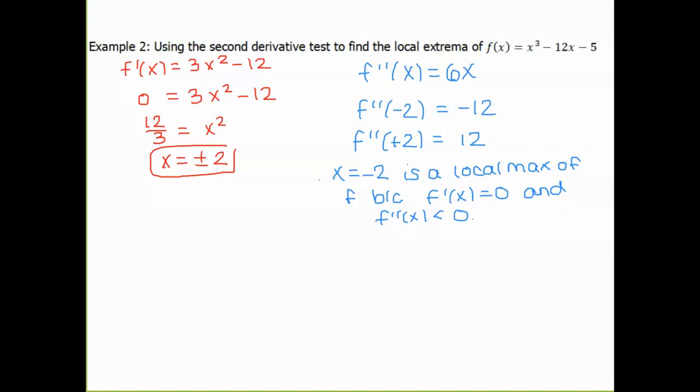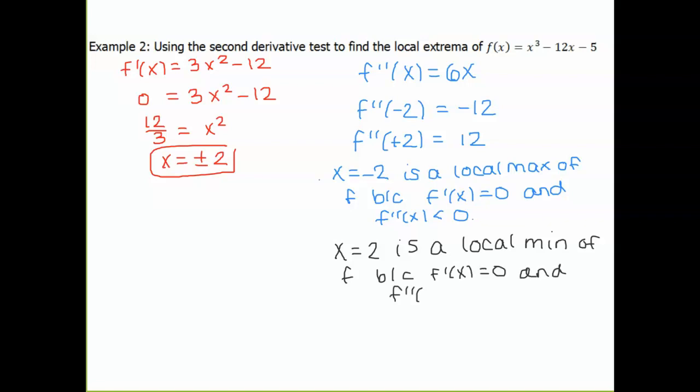We can look at 2 and say x equals 2 is a local min of f because f prime of x is equal to 0 and f double prime of x is greater than 0.